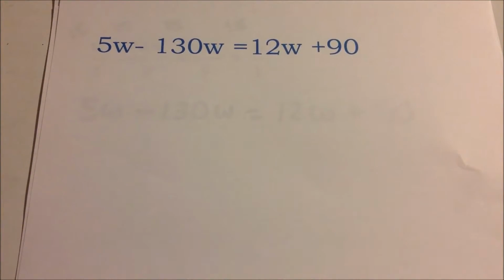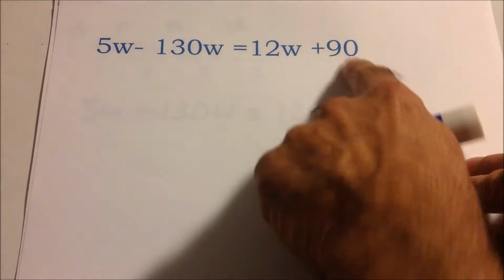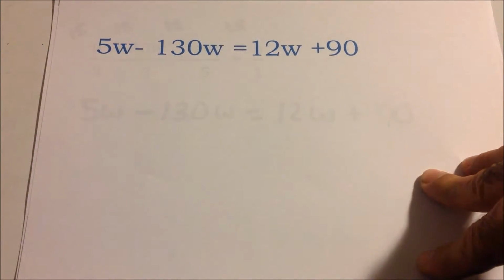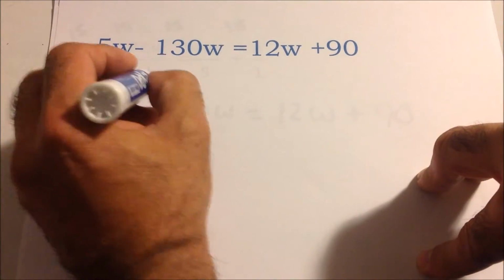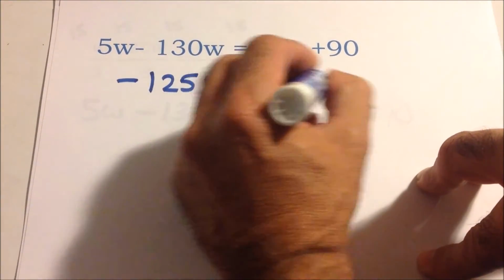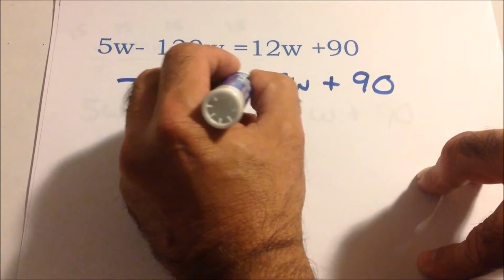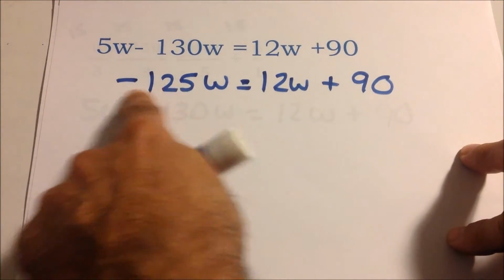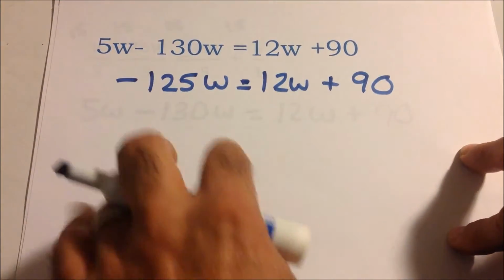Now we can combine like terms. We can't do anything with the 90, but we can combine the 5w minus 130w. This will be minus 125w equals 12w plus 90. Now we can't get rid of the negative 125w, because then we'll get a 0. We don't want that.